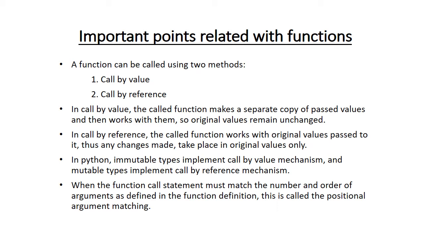In Python, immutable types implement the call by value mechanism and mutable types implement the call by reference mechanism. Mutable types are list and dictionary. The function call statement must match the number and order of arguments as defined in the function definition. This is called positional argument matching.